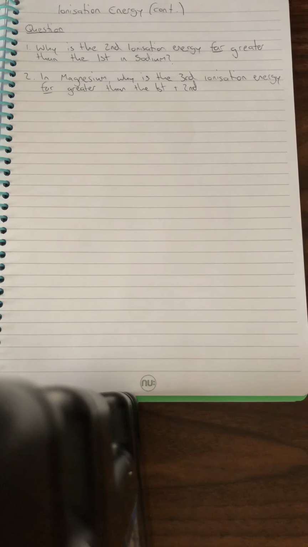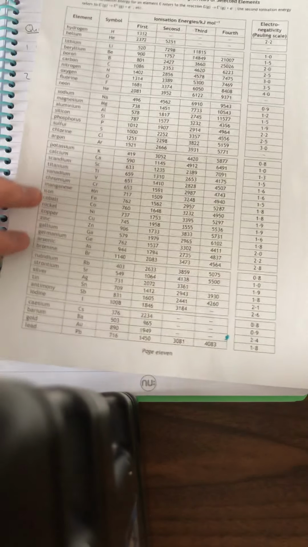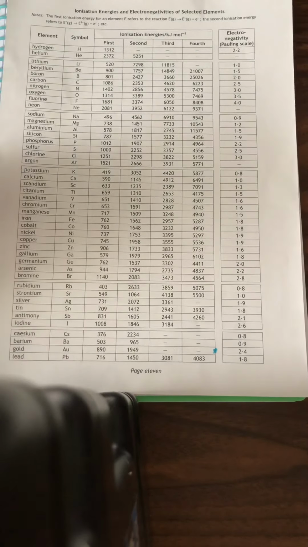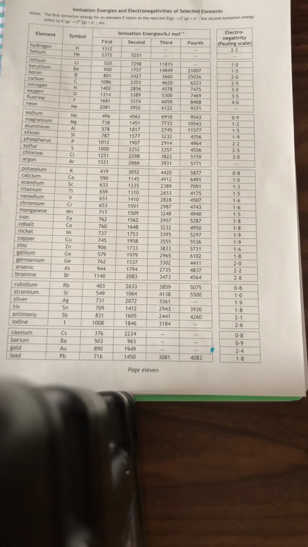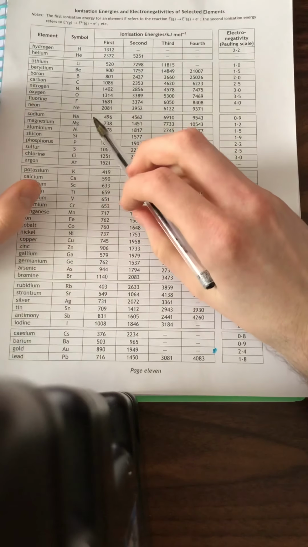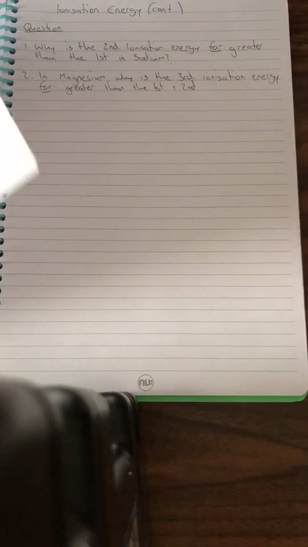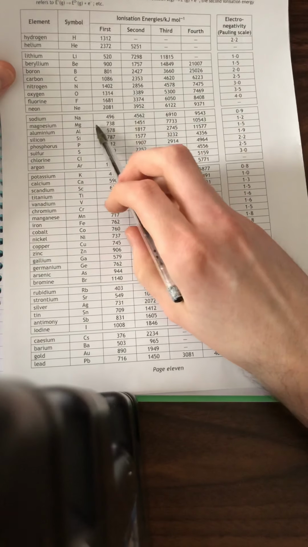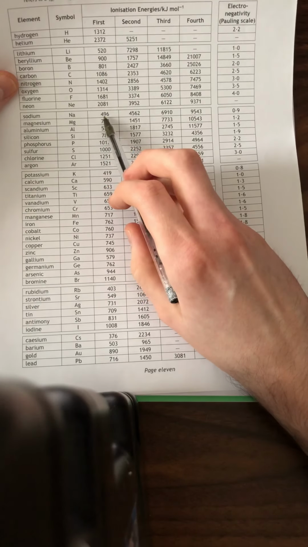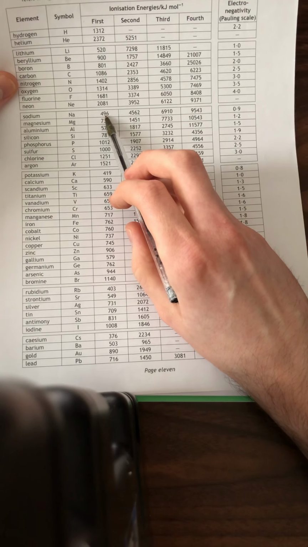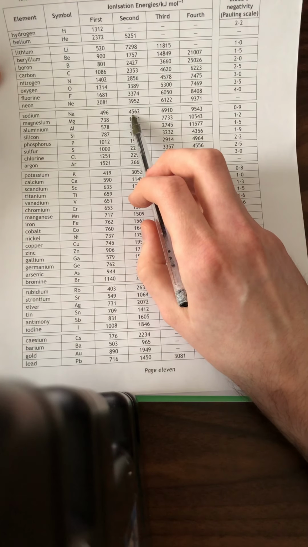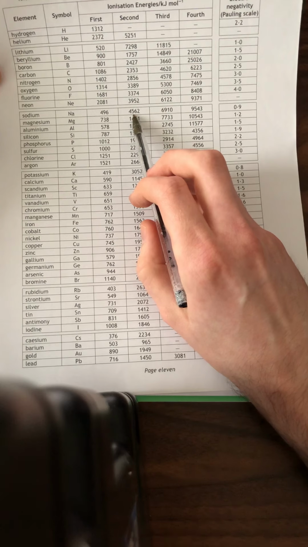And what I mean by that, if we look at our data book here, it was sodium, wasn't it? Yeah. So sodium, you'll see the first one is 496, and then the second one jumps up to 4562.